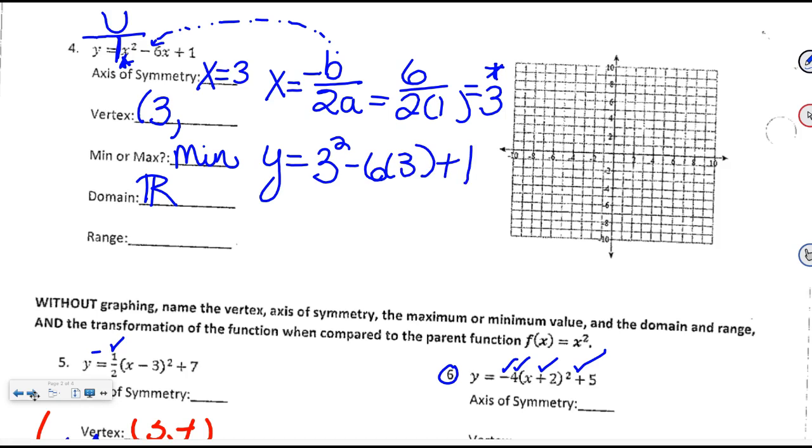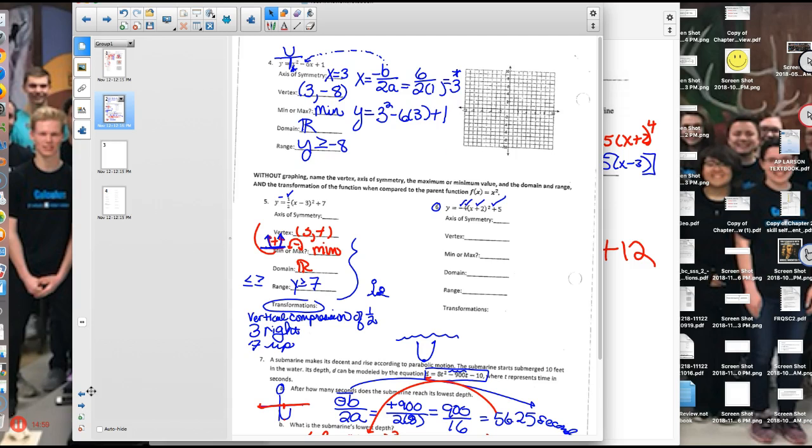And you enter that in your calculator and use parentheses just in case they're negative. Sometimes we get goofed up, so make sure you use parentheses when you're putting that in. And I get a negative 8. And because it is a minimum, I know y is always greater than or equal to -8. Now, before I quit the video, take out your calculators and let's show you how to enter down there.